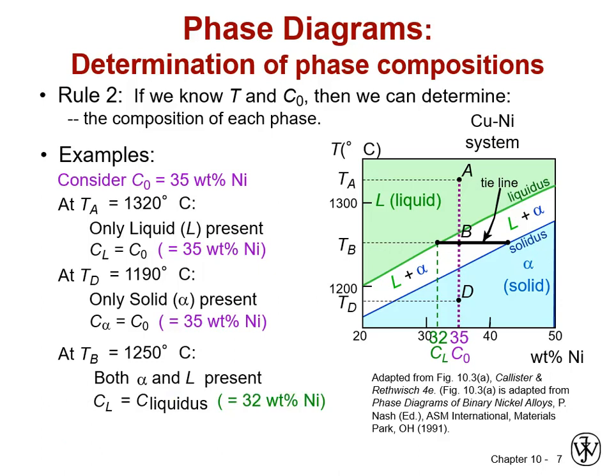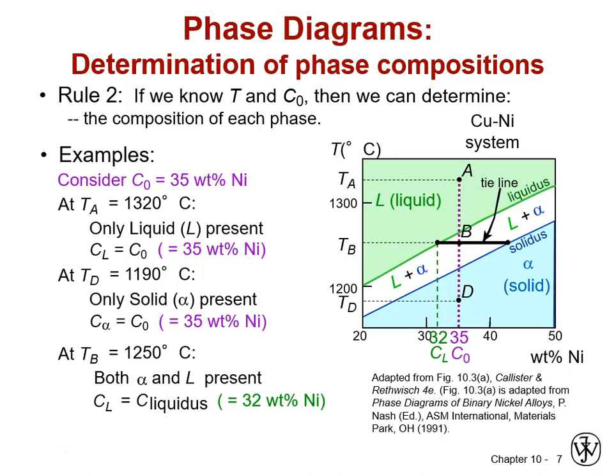So we looked over on the left-hand side of our heavy black isothermal tie line, and we noticed it touched the liquidus, the boundary between the two-phase region and the liquid region, and the composition corresponding to that touch point is 32 weight percent nickel. So that's the composition of the liquid present for a 35 average overall weight percent nickel alloy at 1250 degrees C.